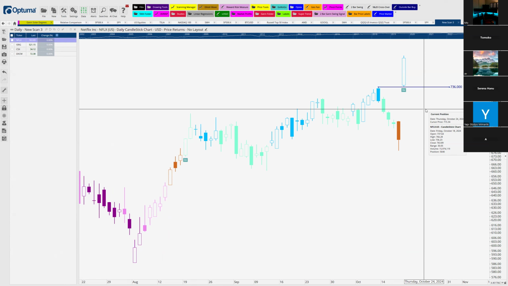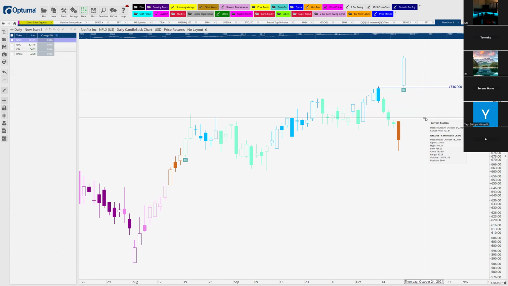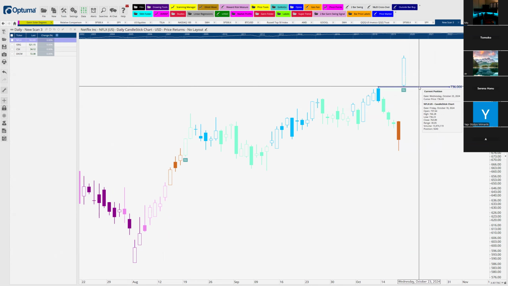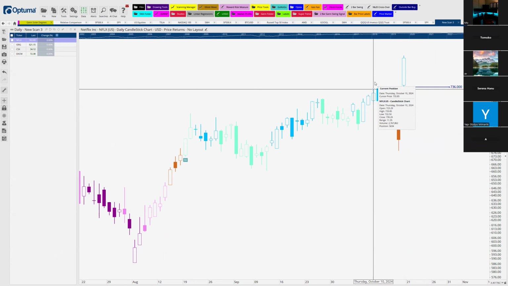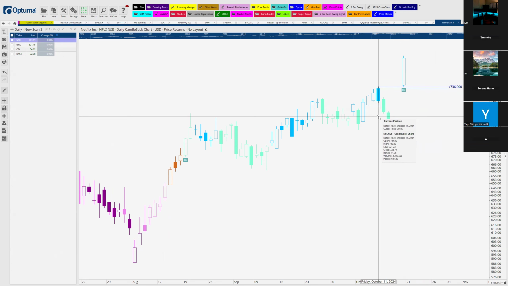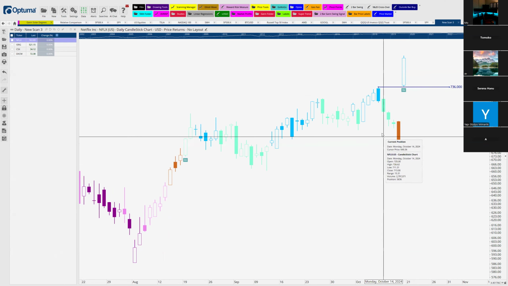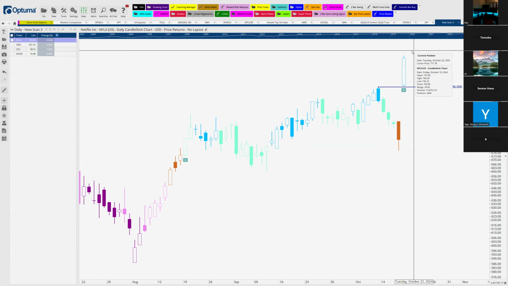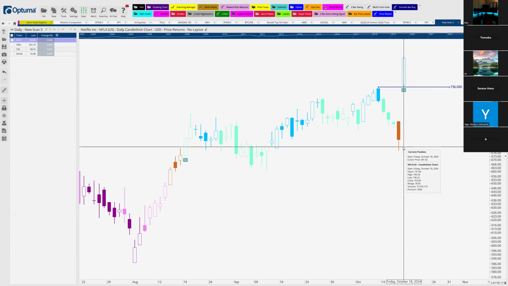You can't say yes or no. That's a sweet spot because we had an outside bar a week before, and this week we put another outside bar. So we have two of them in 2 weeks.